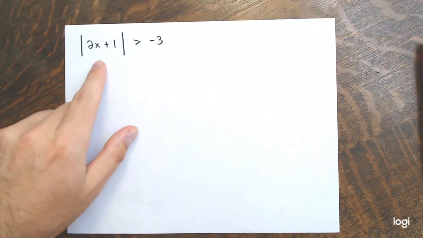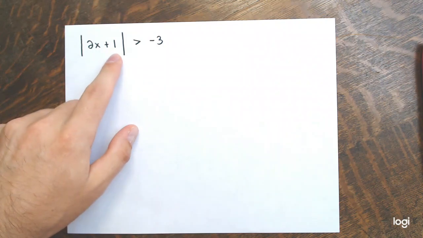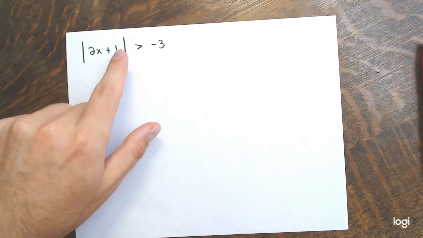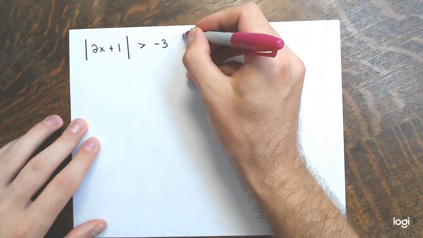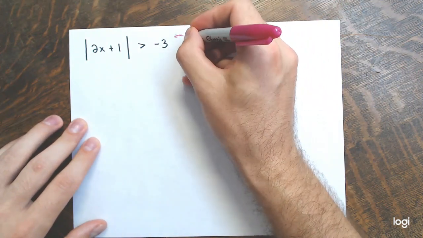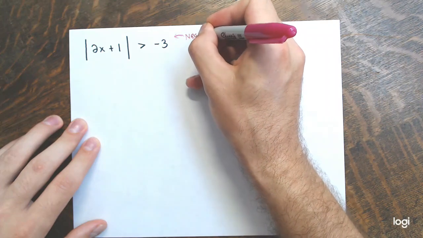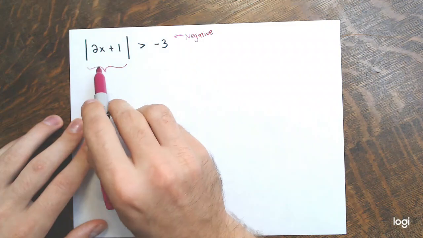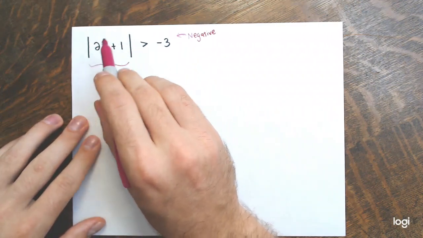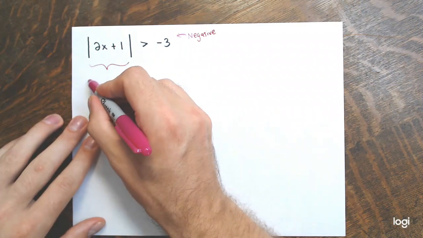I have the absolute value alone, right? The absolute value of 2x plus 1 by itself is greater than a negative number, negative 3. Well, you should know by now that when you take the absolute value of a number, the result will be non-negative.